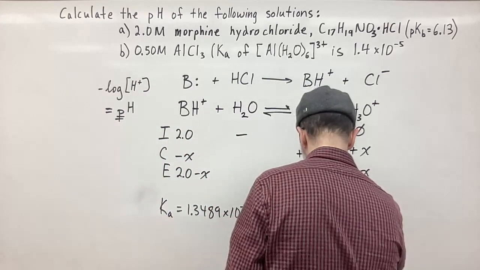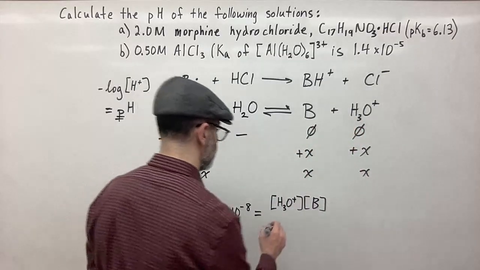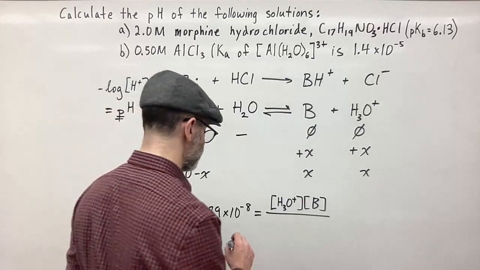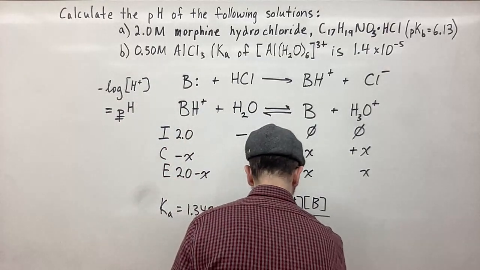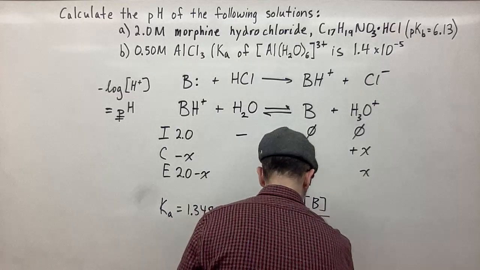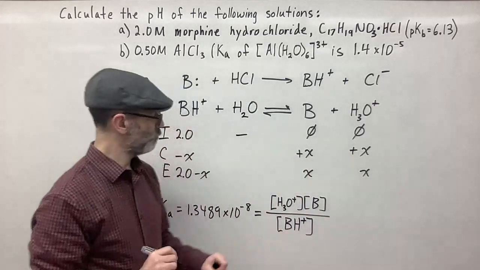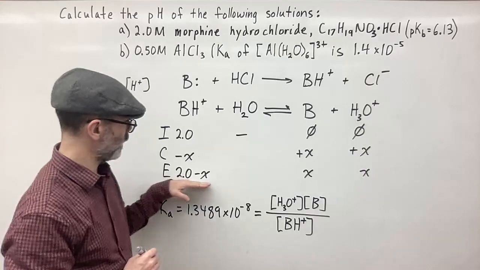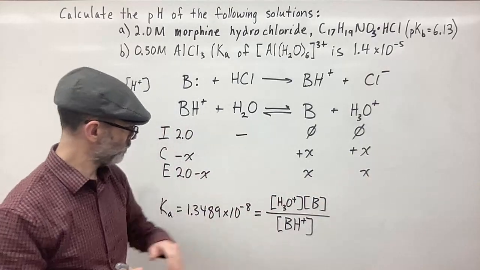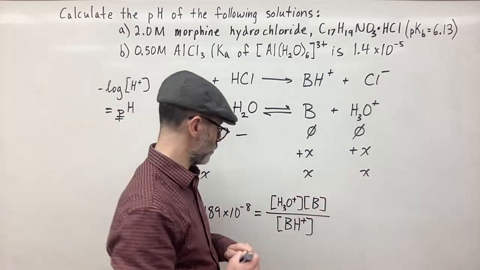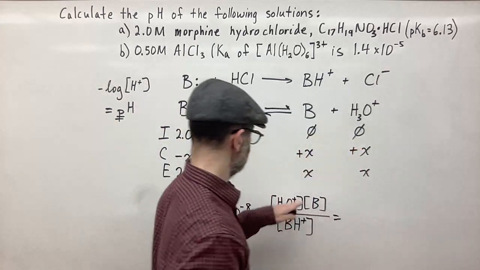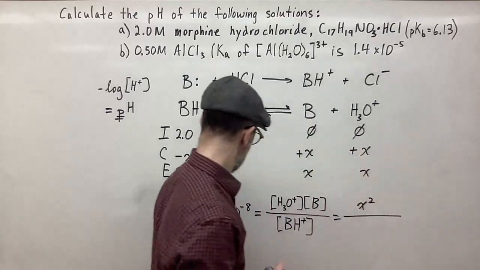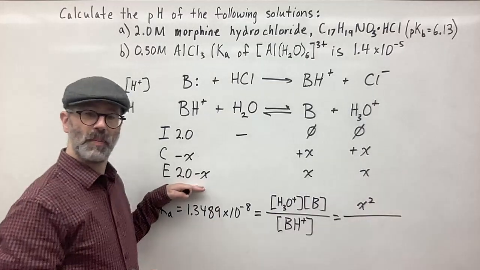So this is going to be the morphine concentration, divided by the concentration of the conjugate acid form of morphine. So again, we're representing that as the generic formula BH plus. And so now we can plug in everything into our expression. So the equilibrium expression in terms of X is going to be X times X, which is X squared, over 2.0 minus X.